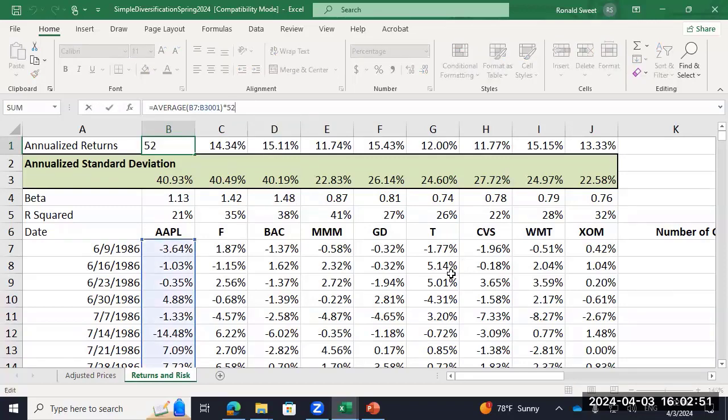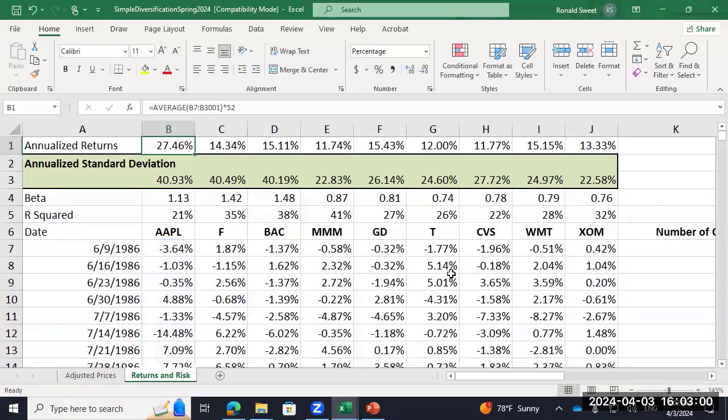Why am I multiplying by 52? Because it's 52 weeks in a year, so that's their annualized arithmetic return. Apple has the highest return, so there's no way to get a higher return than putting 100% of your money in Apple. But our question is, what happens when you diversify this portfolio?